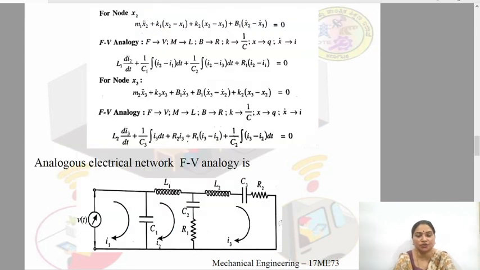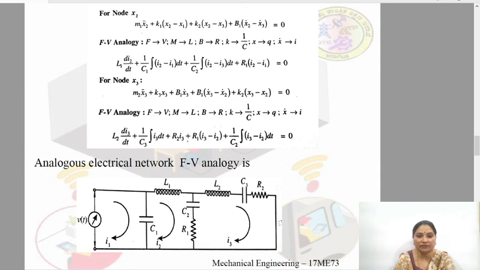For the node x2, we can write it as m1 x2 double dot plus k1 (x2 minus x1) plus k2 (x2 minus x3) plus b1 (x2 dot minus x3 dot) is equal to 0.